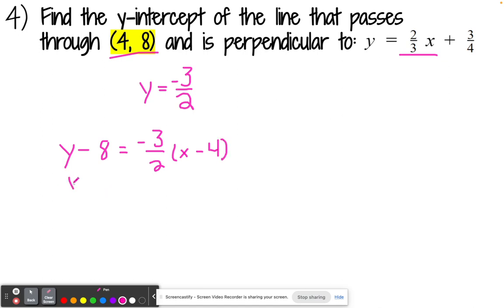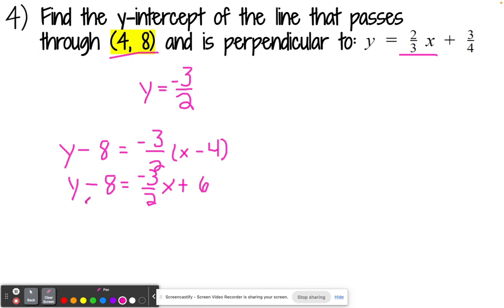When I distribute, I'll have y minus 8 equals negative 3 over 2x, and negative 3 over 2 times negative 4 is going to be a positive 6.